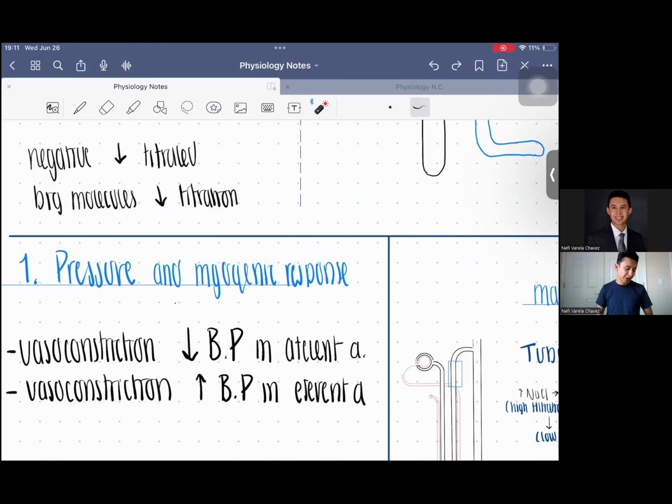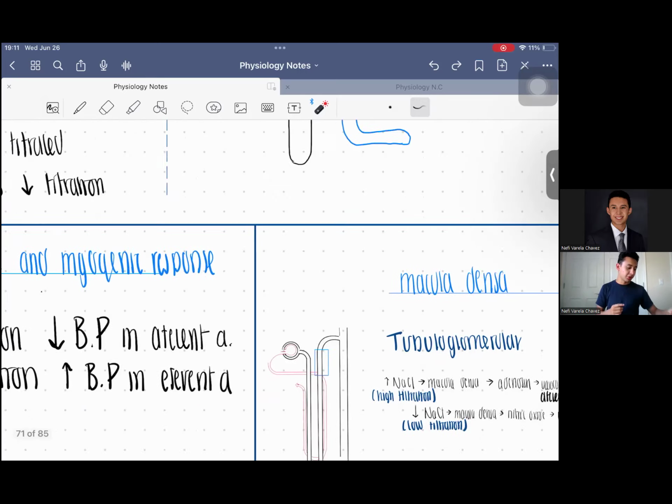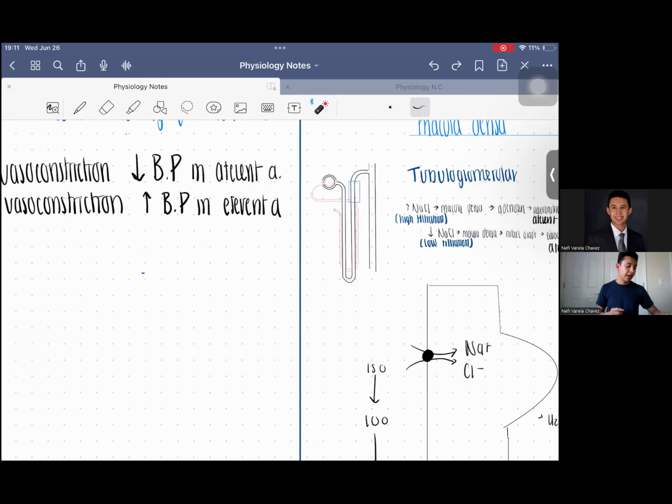I don't know if you remember those old cartoons. The same is going to happen. So vasoconstriction in this extreme is going to build up pressure here. If we have vasodilation, we're going to decrease that pressure because we're going to have more blood going from this capillary to the rest of the vasculature. Okay, so that's pretty much it.